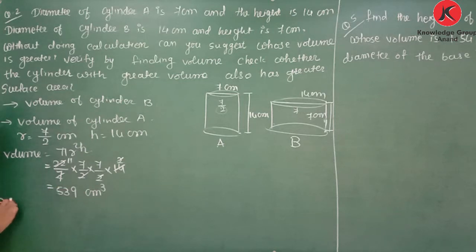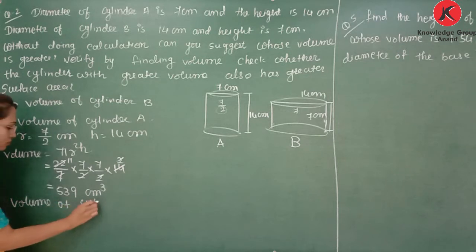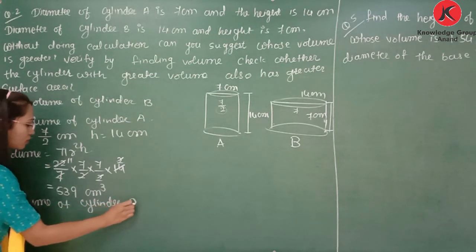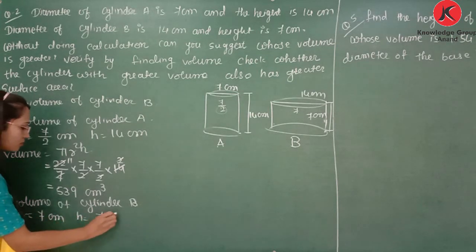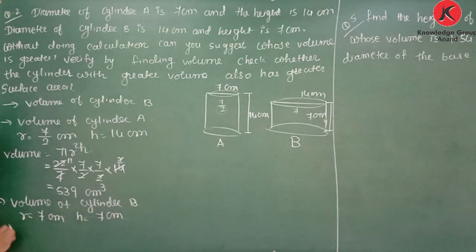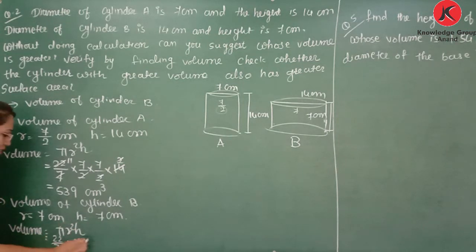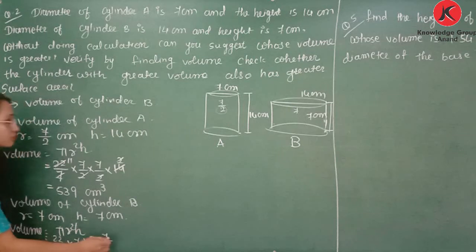Now the volume of cylinder B. For that, what is the radius? That is 7 centimeter and height is 7 centimeter. So volume will be again pi r square h, but here pi is 22 by 7, radius is 7 and height is 7.